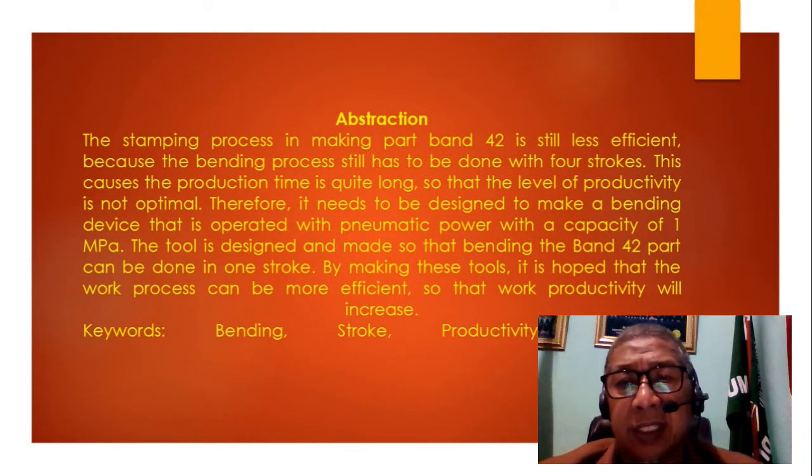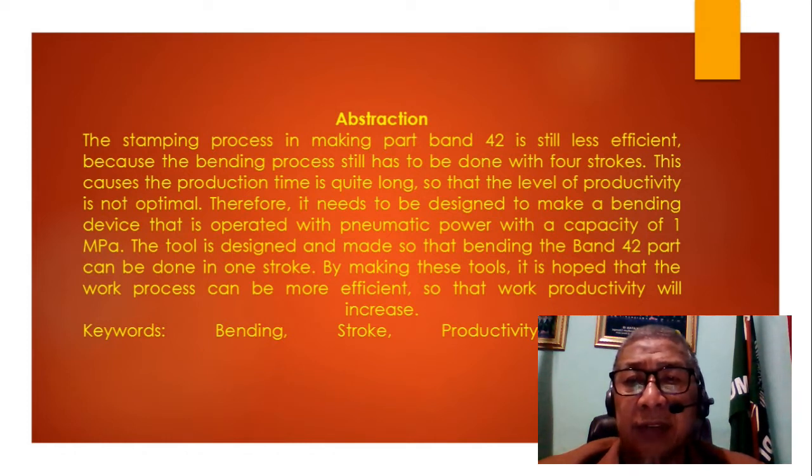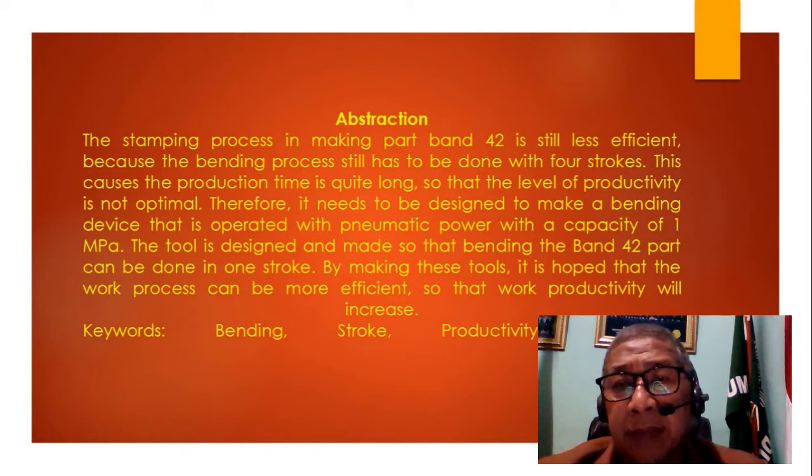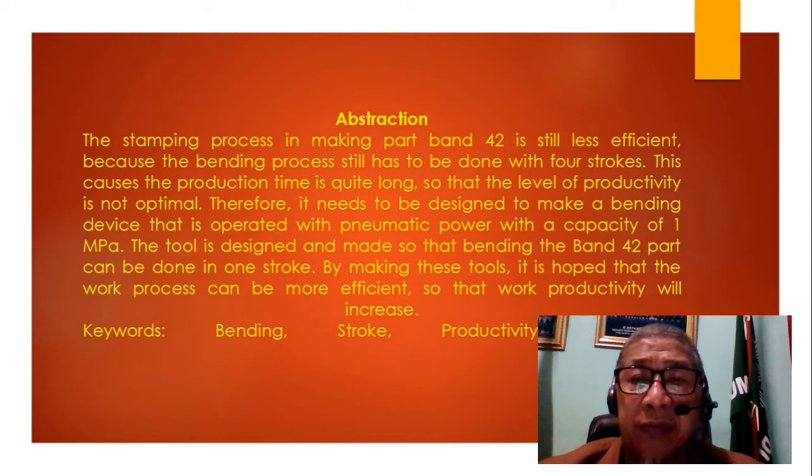Therefore, it needs to be designed to make a bending device that is operated with pneumatic power with a capacity of 1 megapascal. The tool is designed and made so that bending the Bend 42 can be done in 1 stroke. By making these tools, it is hoped that the work process can be more efficient so that work productivity will increase.